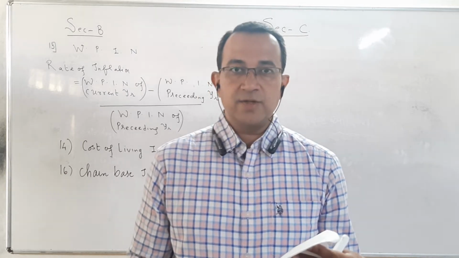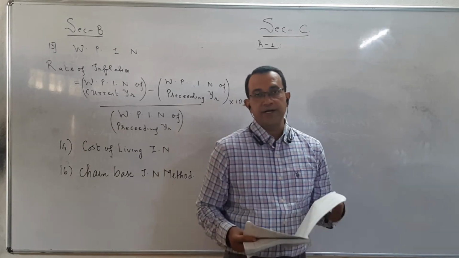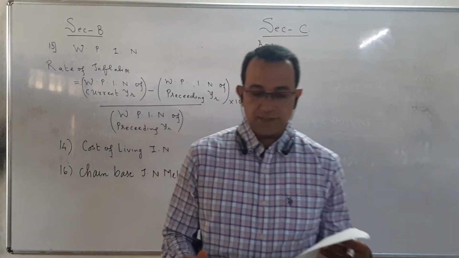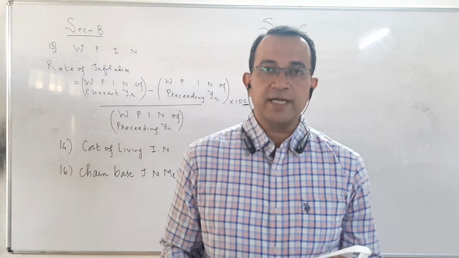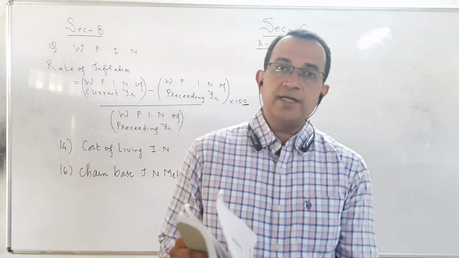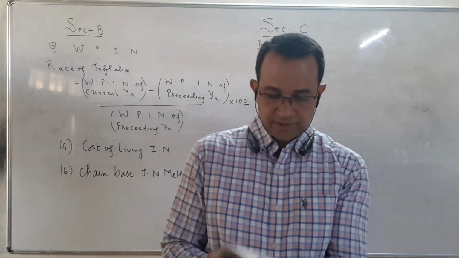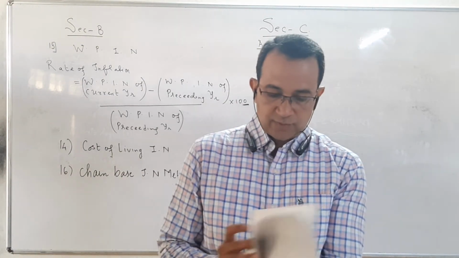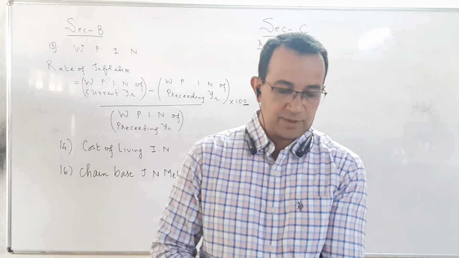Index number is a relative measure showing percentage change, because when we multiply by 100, it shows percentage change. Index number is a special average as it possesses all characteristics of an average. An index number compares the situations prevailing at 2 different time periods. So this is also one of the most important questions. What are the characteristics of an index number?